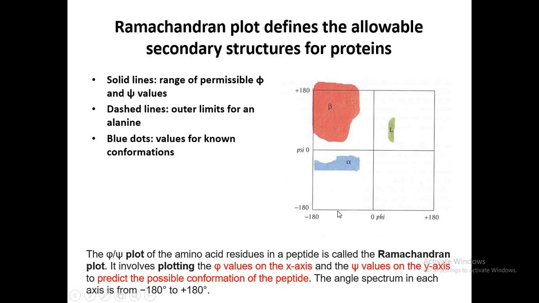By doing so, if the protein has alpha helices, they will be accommodated in this region, and if the protein has beta sheets, they will be accommodated in this region, where the angle would be plus 180.